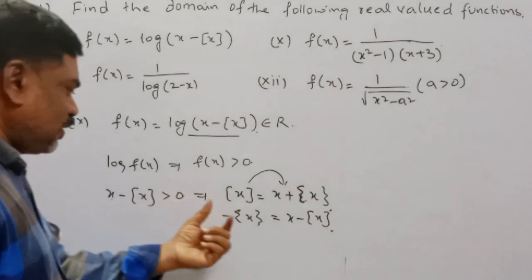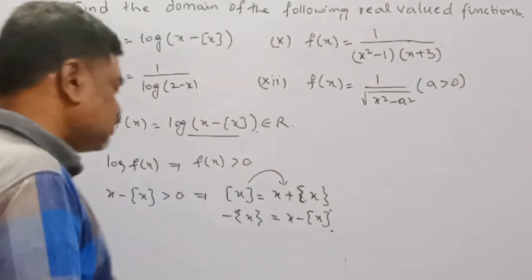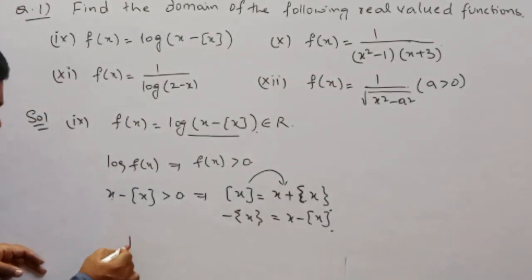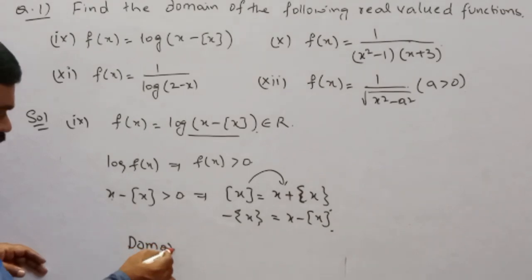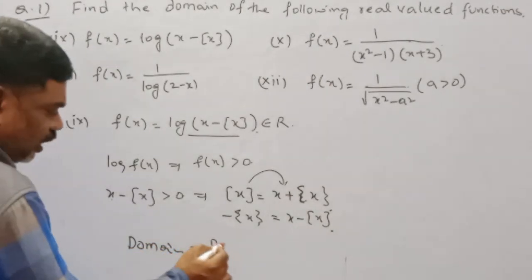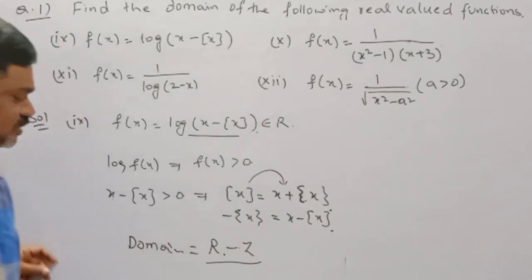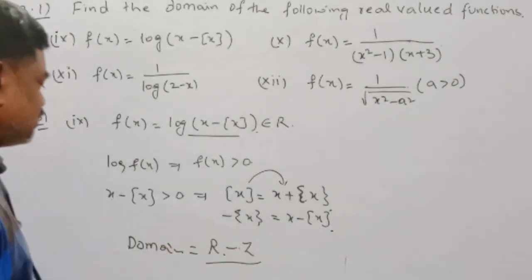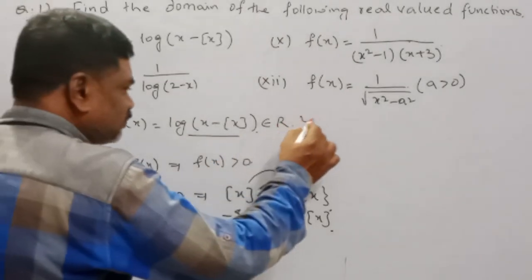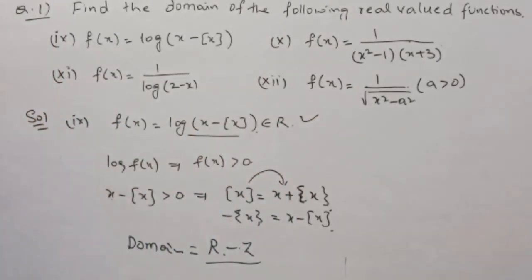So we have only the fractional part of x. So that is the domain. Domain is equal to R minus integers. R minus integers is the domain of log x minus step x. Okay, all of you? That's all.